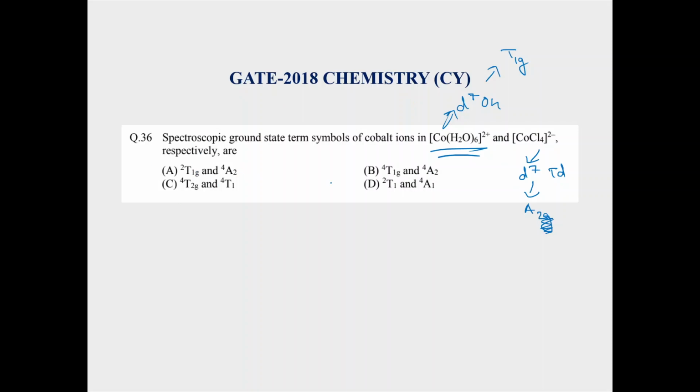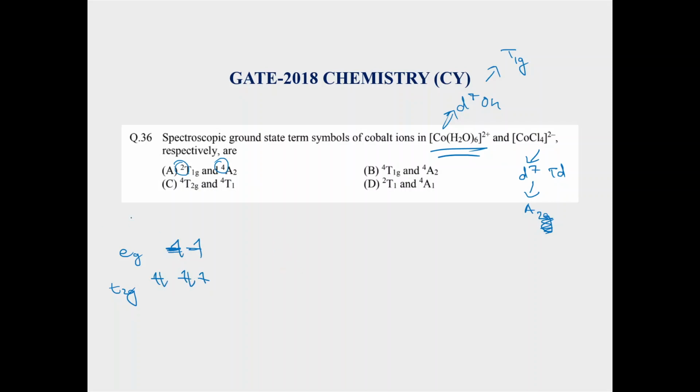So from this we know that the option will be either T1g and A2. Next comes the spin multiplicity. We already found that for both complexes it's a d7 system. In octahedral, the d orbitals split into t2g and eg. d7 means 1, 2, 3, 4, 5, 6, 7.